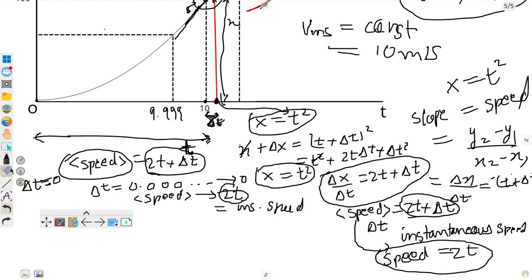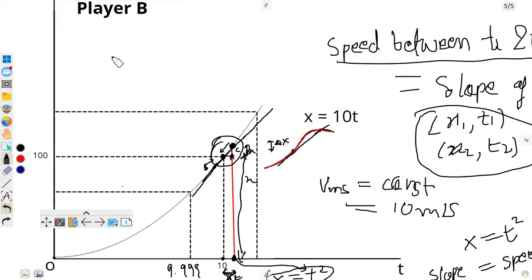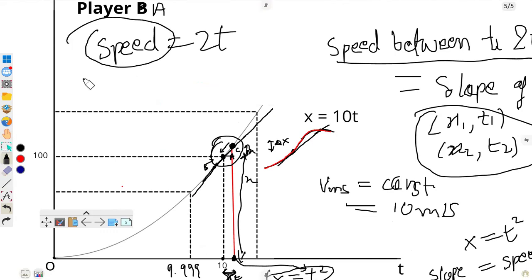Okay guys, so हमारी instantaneous speed finally आ गई। क्या है हमारी instantaneous speed for player A? For player A हमारी speed आ गई 2t, and ये speed है instantaneous speed, which is equal to 2t. Okay guys, हमें क्या निकालना था?